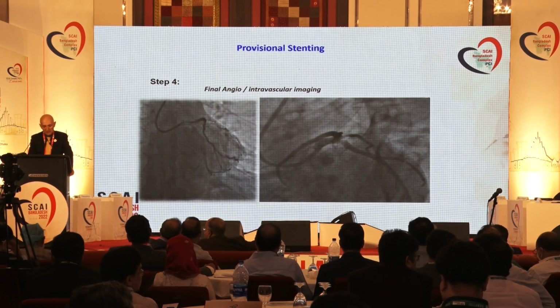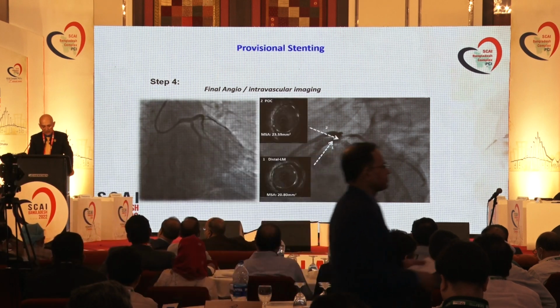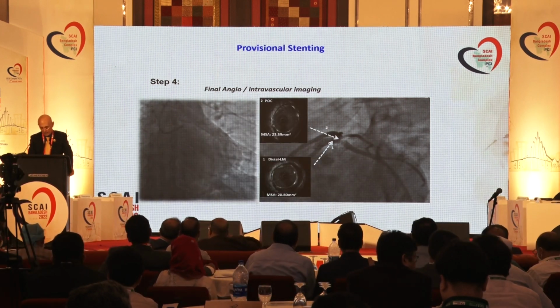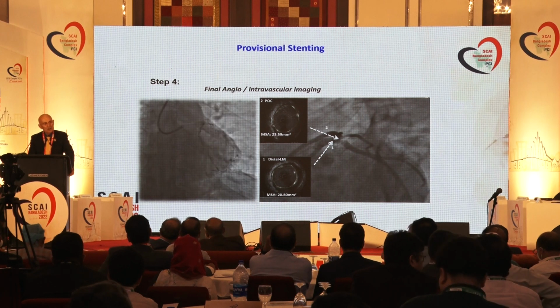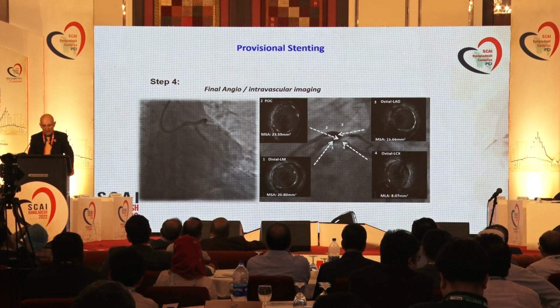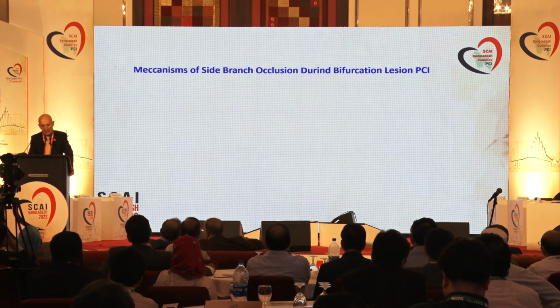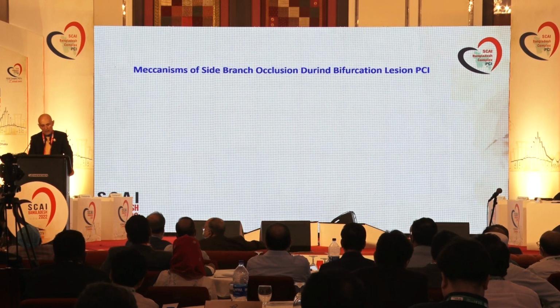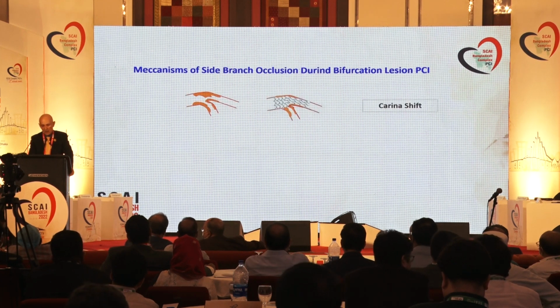And this is the fourth, the last step, that you should check with IVUS again and see that everything is in place. The mechanisms of side branch occlusion during bifurcation lesion interventions are different.